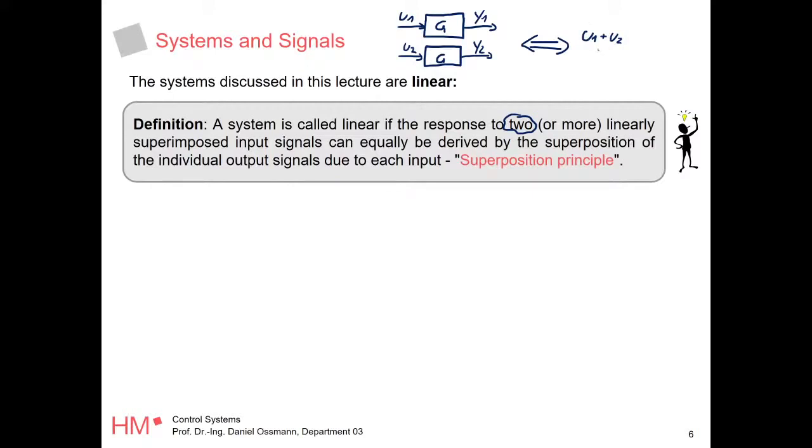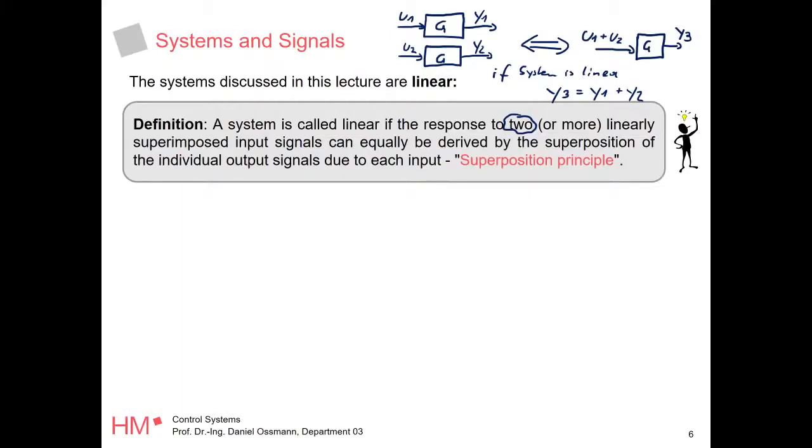So we add our 2 test signals and feed it through our system. And then we get an output, and let's call this output Y3. If the system is linear, Y3 is always going to be the summation of simply Y1 and Y2.